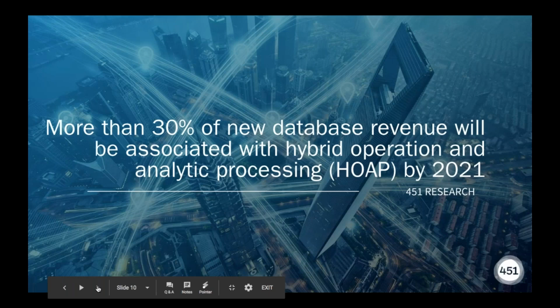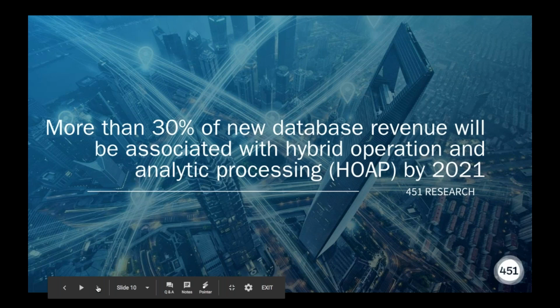And we see that this is clearly very early stages of adoption and maturity, but we do see a big potential uptake for hybrid operational analytic processing. And this is a statement we put out last year, which received quite a lot of interest: the idea that more than 30% of new database revenue will be associated with hybrid operational and analytic processing by 2021.